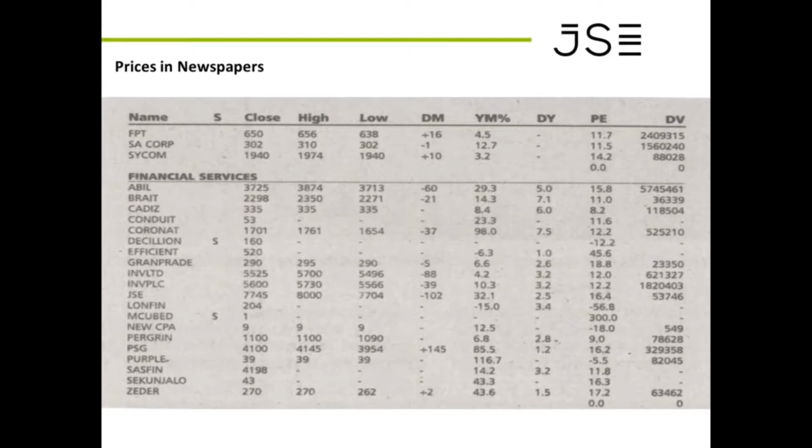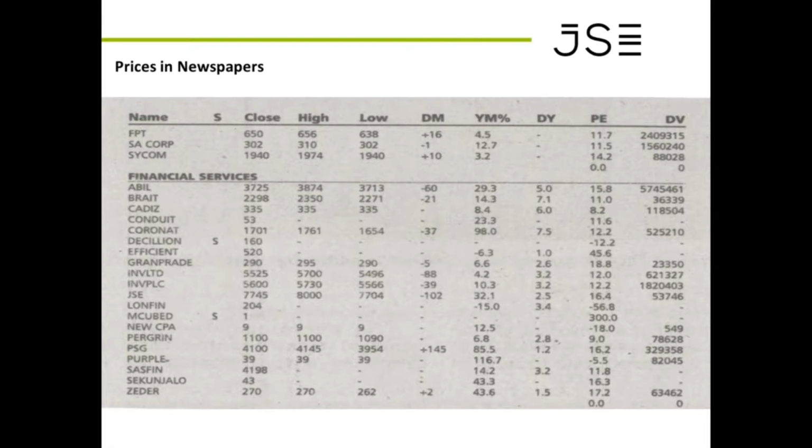Again, as I said, the close, in this example, you've got the JSE halfway down the page, the close being 77 rand and 45 cents. That was a couple of years ago. It's probably trading at about 160 rand a share now.